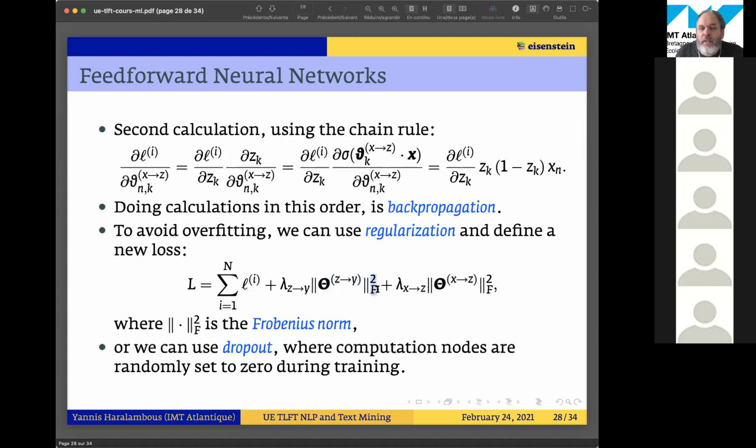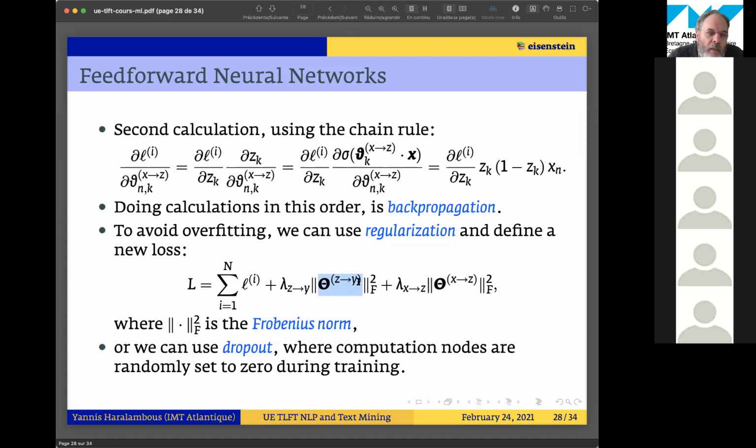It's called Frobenius Norm, and it's the sum of the square of all cells of the matrix. So we really take care of not a single parameter inside this matrix becoming too big, either positively too big or negatively too big. So this is regularization. It allows us to avoid overfitting.